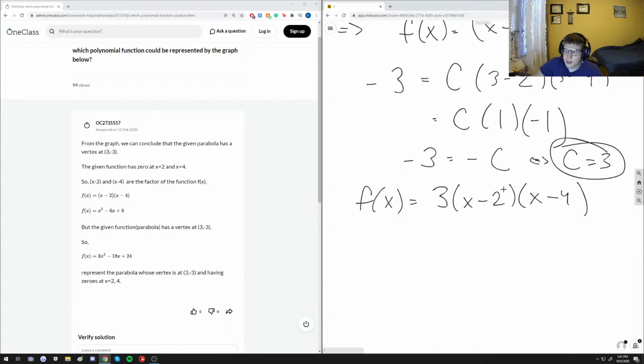So this satisfies the condition for the vertex, and it satisfies the two conditions for a root, because if we were to plug in 2 or 4, we would get f of x being 0. By multiplying this out, let's get the official quadratic form.